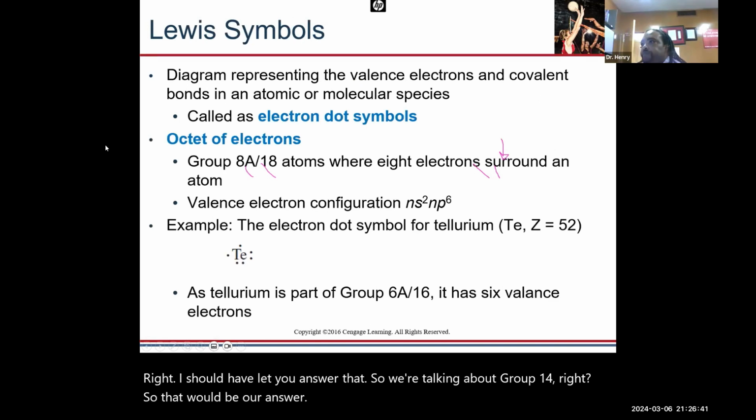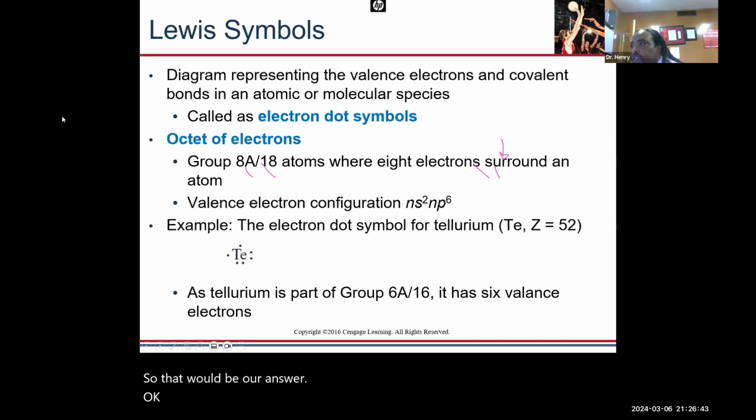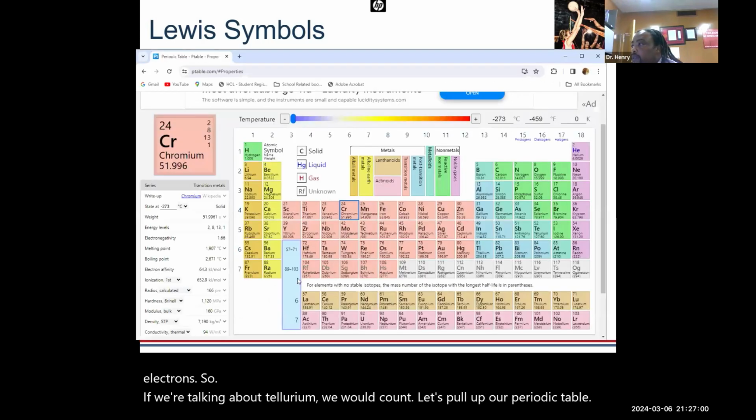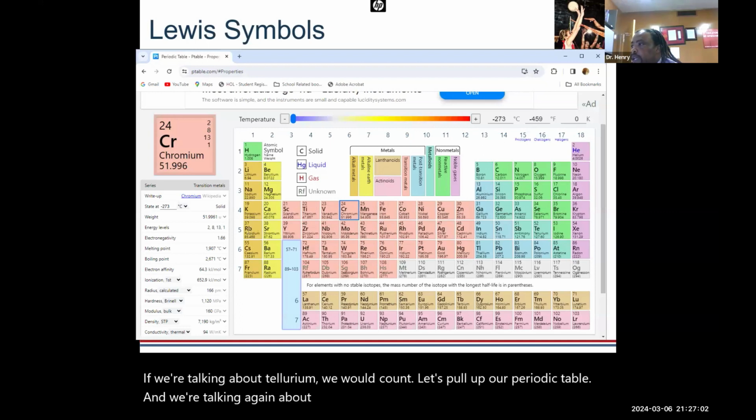Okay. So we talked about Lewis structures. Now those dots represent valence electrons. So if we're talking about tellurium, we would count using the periodic table, and we're talking again about electron configuration. So you only count the ones that are in the s and in the p, because those are going to be your highest numbers.